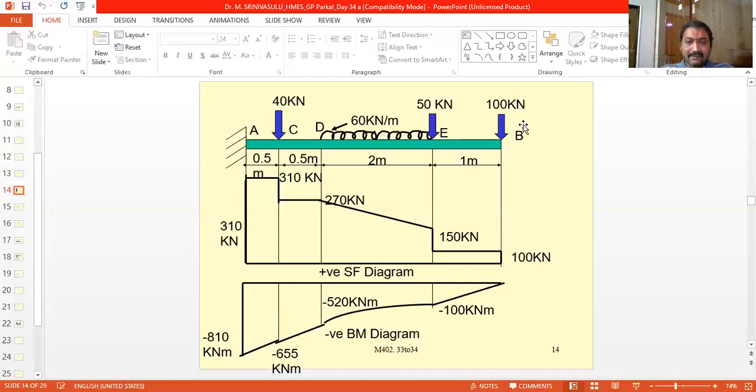So the clockwise moment to the right of the section is taken to be negative. So that is minus 100.